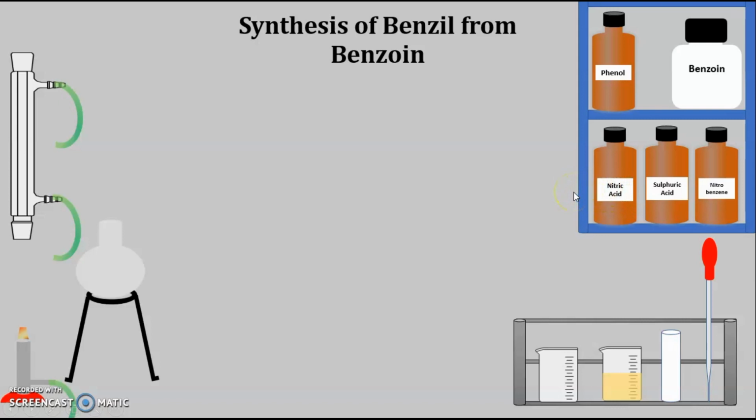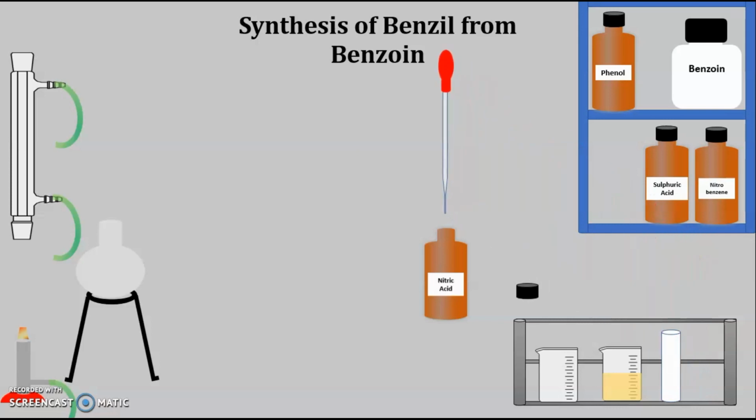Here you can see we have kept the apparatus, beakers, and the pipette to take the chemicals. Also we have the RBF, tripod stand, burner, and this is your reflux condenser. The first step involves the use of nitric acid. We are going to take this bottle of nitric acid with the help of the pipette, measure the required quantity, and transfer it into our RBF.